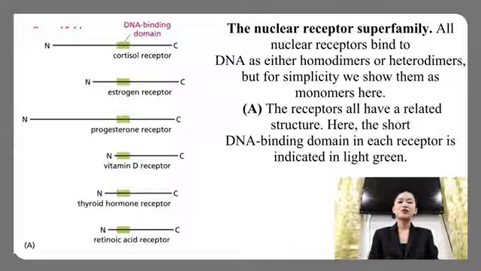Okay, let's start with part A. It shows different examples of nuclear receptors like the cortisol receptor, estrogen receptor, progesterone receptor, vitamin D receptor, thyroid hormone receptor, and retinoic acid receptor. All of these receptors have similar structure. They have a DNA binding domain, ligand binding domain, and transcription activating domain.